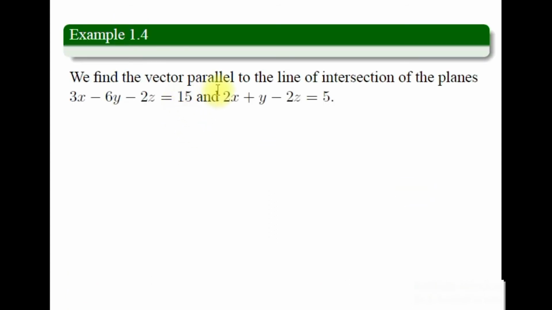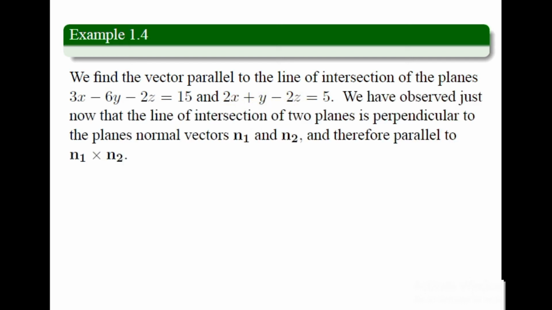Example: we find the vector parallel to the line of intersection of the planes 3x minus 6y minus 2z is equal to 15 and 2x plus y minus 2z is equal to 5. We have observed just now that the line of intersection of two planes is perpendicular to the planes' normal vectors n1 and n2 and therefore parallel to vector n1 cross vector n2.